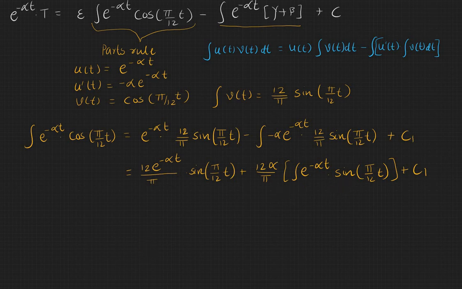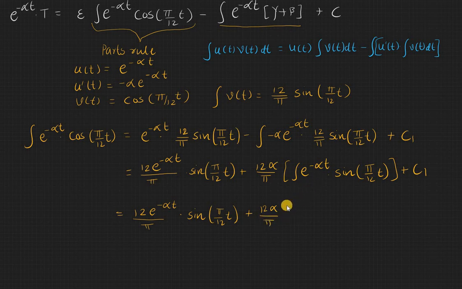So we will get 12 e to the power minus alpha t divided by pi into sine of pi over 12 into t plus this is 12 alpha divided by pi.